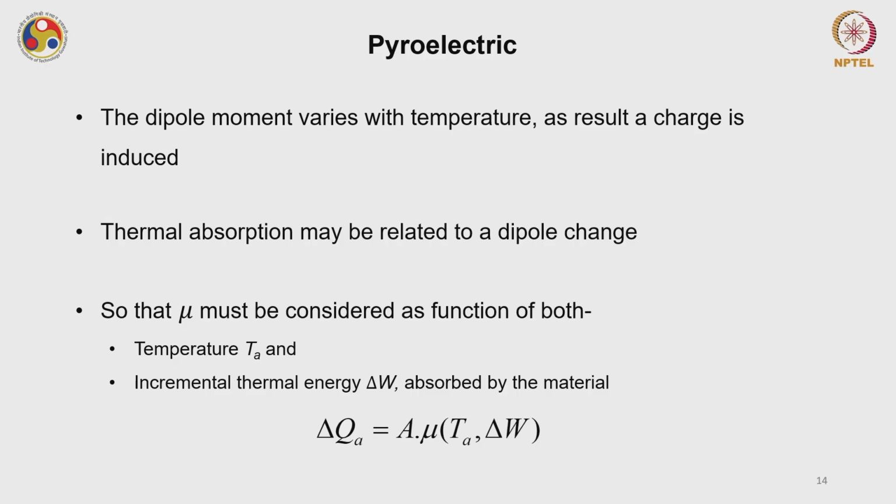Therefore, this mu must be considered as a function of temperature as well as heat flow. So, mu is a function of the temperature Ta and the incremental thermal energy del W, which is basically absorbed by the material. So, the change in the charge is equal to A into mu.